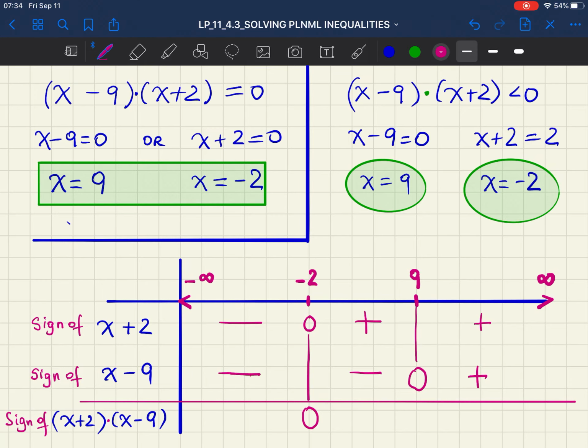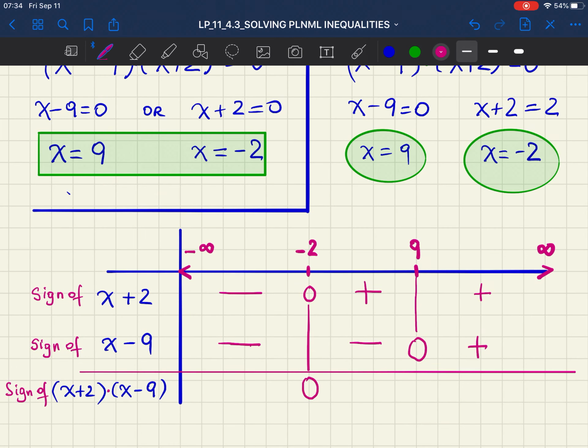And now, by the way, similar to this, if x minus 9 is 0, then we'll have x minus 9, which is 0, times x plus 2, and any number times 0 will give 0. Okay? So now we're thinking, how about the sign for other values of x other than the zeros?